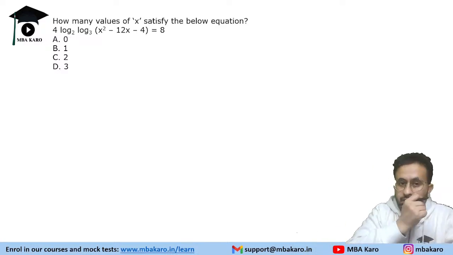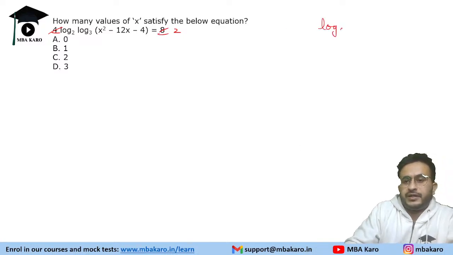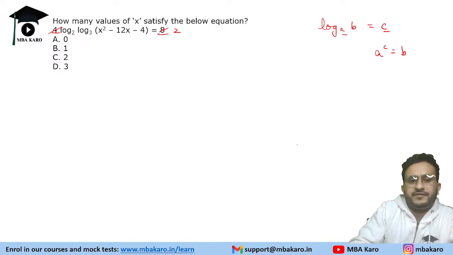So let's solve this equation, right? It is 4 and 8, so it will basically be 2 times. Now whenever we have log_a b = c, this is a to the power c is equal to b. So this is 2 raised to the power 2, so this portion will be 4.